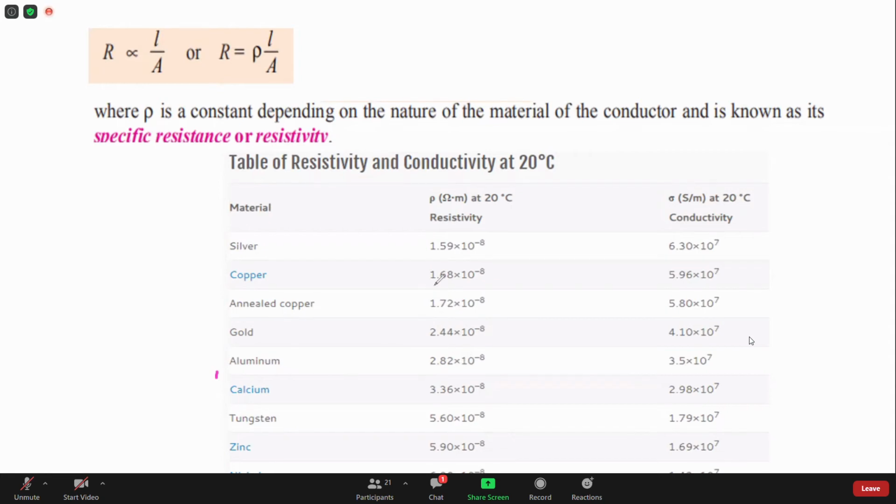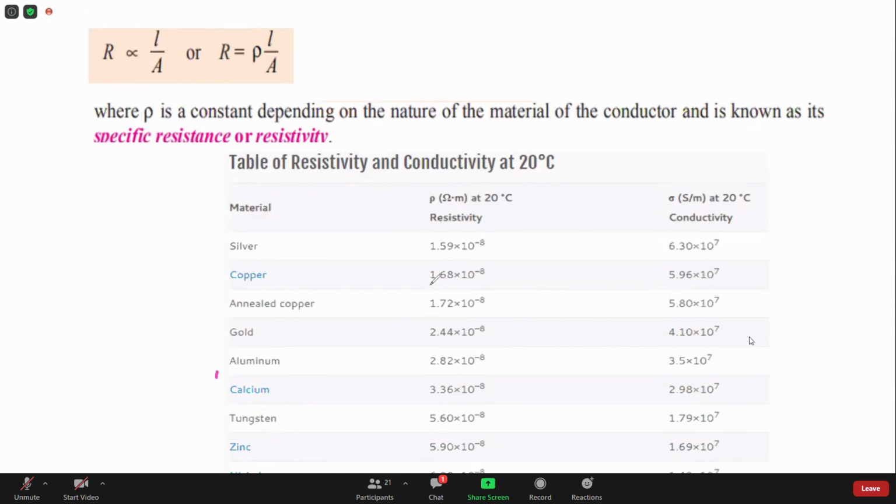But why are we using copper instead of silver in our conductor? Why are we using aluminum instead of copper, instead of silver? Though, kung tanawin mo, if you choose among these materials, pinaka-best niya is ang silver, no?